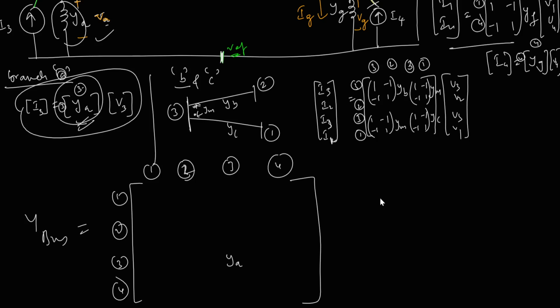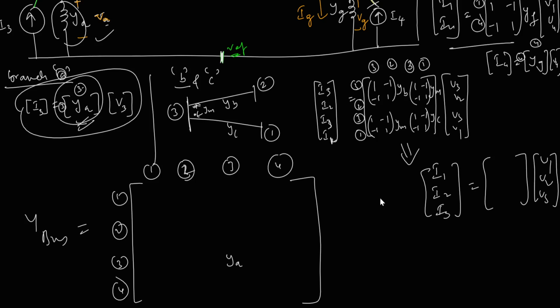Next, actually you have to reduce this matrix to I1, I2, I3 and V1, V2, V3. Now this will come here, and these 1 2 3, 1 2 3 elements will be forming here.